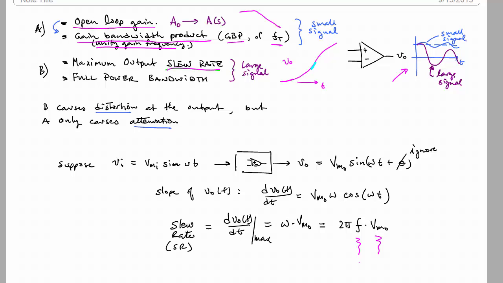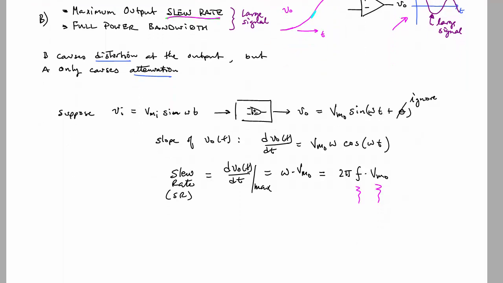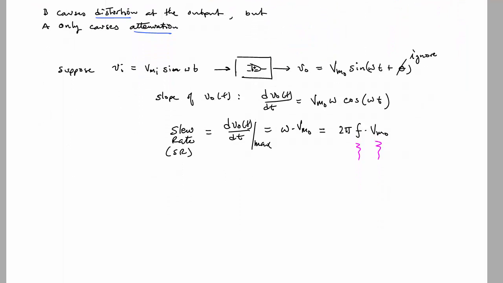We never say that the amplitude would actually impact what gets transmitted. And yet here, once we recognize that the op-amp can only produce a certain maximum slew rate, when we ask for a signal at the output of the op-amp that violates or exceeds that slew rate, we're going to find that there is distortion in the signal.